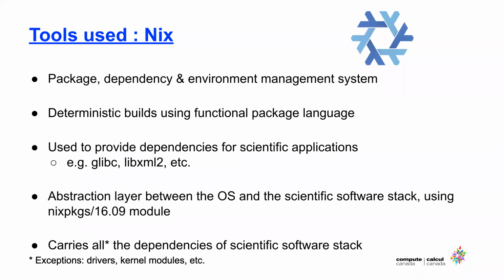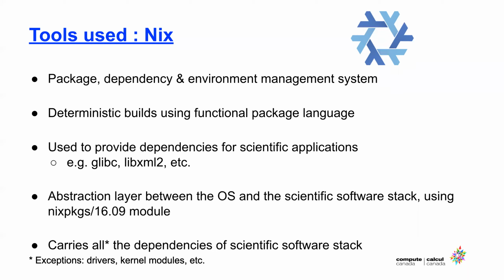So Nix is basically a package management system similar to Yum or your favorite system. The difference is that it is highly targeted at having deterministic builds. That means if you change a minor version of a dependency, everything gets rebuilt.